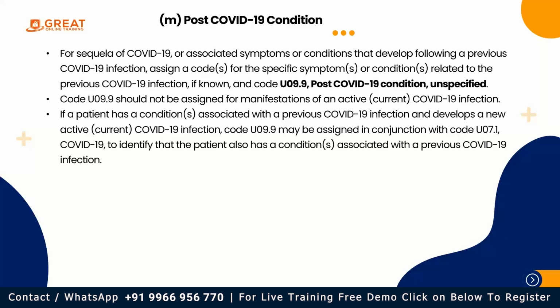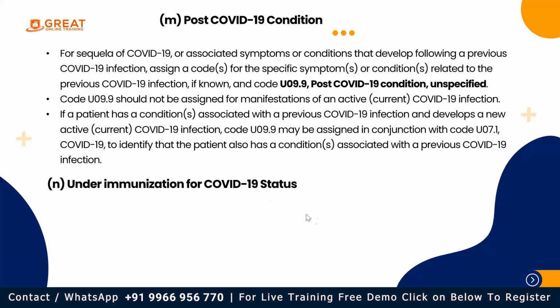It is not like chickenpox, where once we get infected, we will not get infected any other time in future. So that's why we can use both codes at the same time if required.